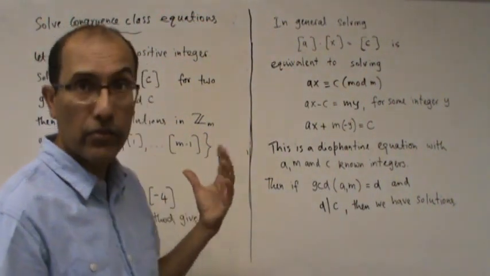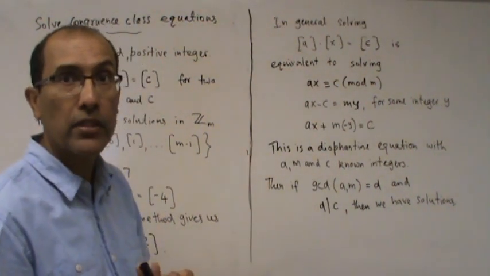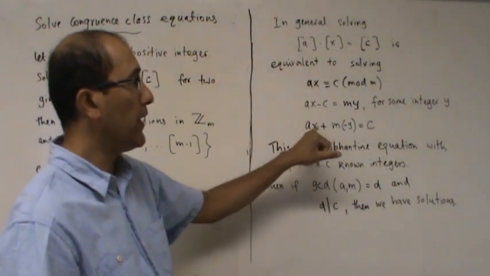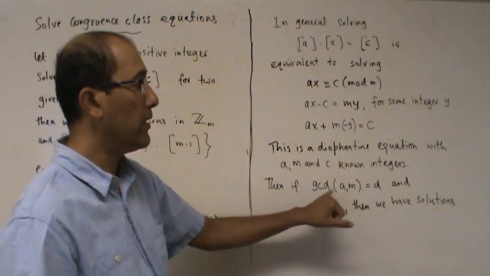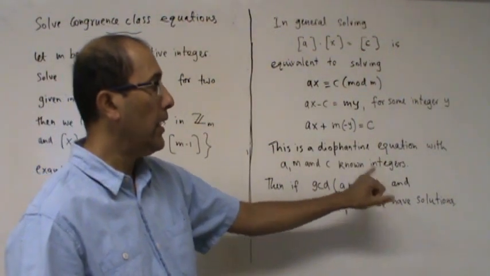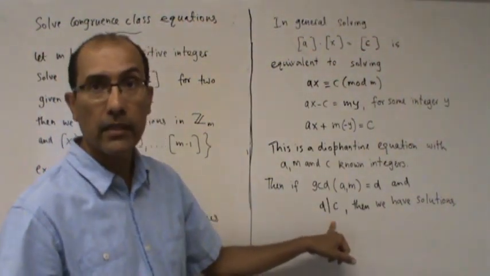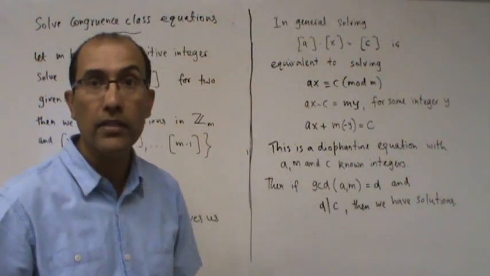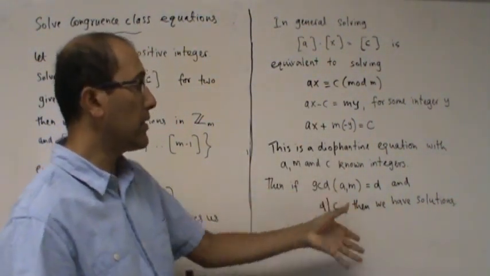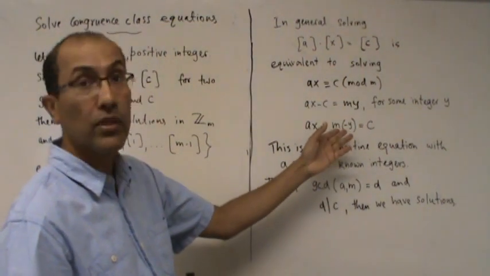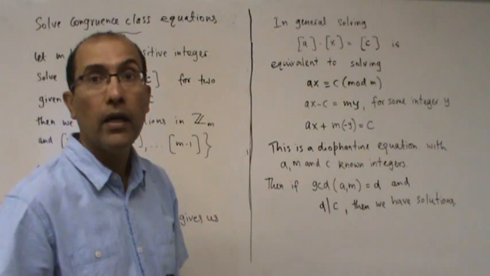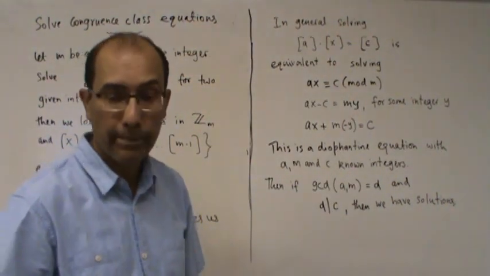We learned earlier that to solve Diophantine equations, we need to know whether there are solutions. There are solutions only if the greatest common divisor of a and m, which is d, divides c. If d doesn't divide c, then there are no solutions to the Diophantine equation, which means no solutions to the congruence class equation.